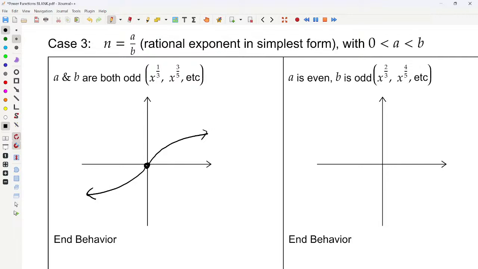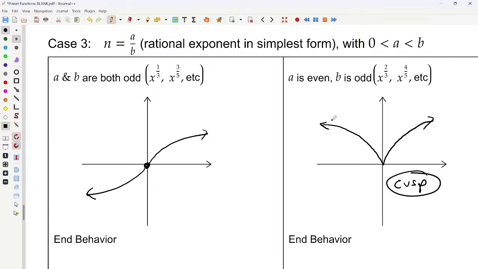So it's still going to act like that. But what about at -8? Its cube root is -2, but what happens when you square it? It goes back to positive. So because there's an even exponent on top, you get this graph that we say has a cusp, a sharp point, similar to an absolute value, but we call that a cusp. Also majorly important for calculus to recognize there's a cusp there.